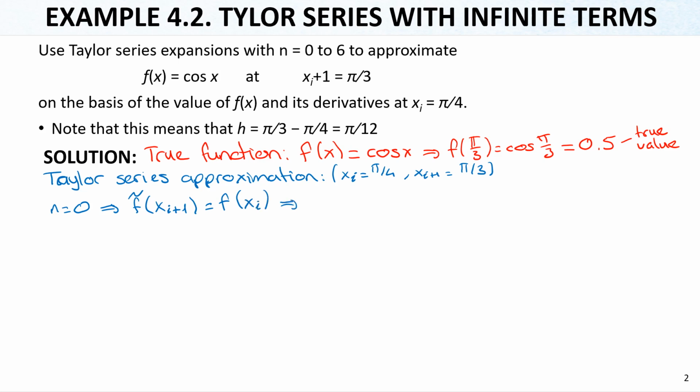And if we put pi divided by 4 as our xi value, this is the exact value, so we can use that directly, cosine pi divided by 4.